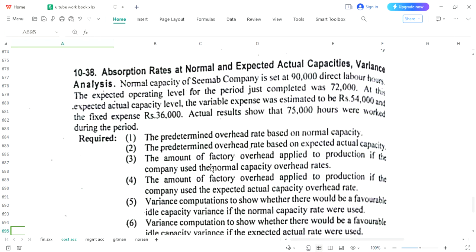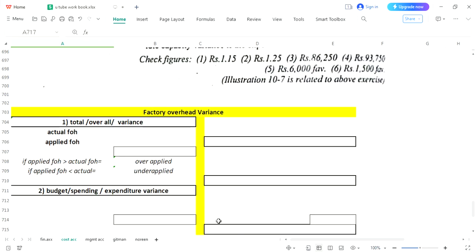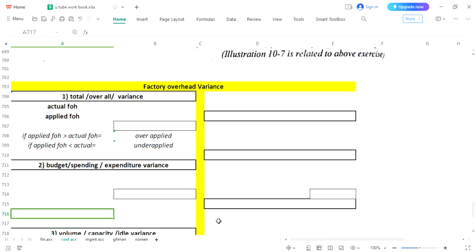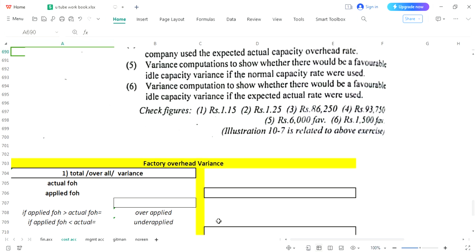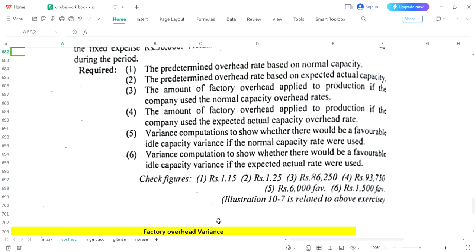Next is variance computation to show whether there would be a favorable ideal capacity variance if the normal capacity rate were used. Again, we are going to calculate. Number 3. Amount of factory overhead applied to the production if company used. Okay, here something is missing. Amount of factory overhead applied is written, but the word actual has not been used.